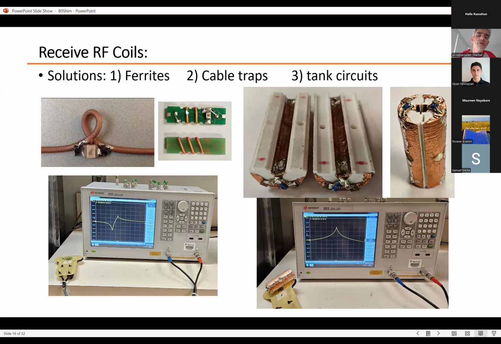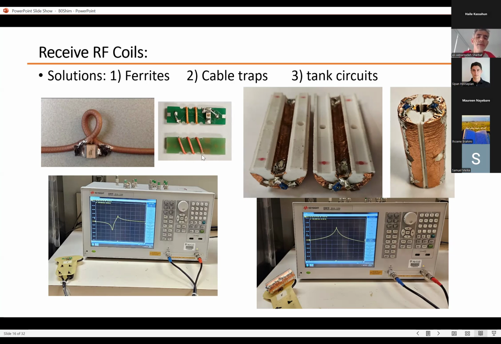It is composed of multiple turns of the coaxial cable with a capacitor soldered between the outer shield of the coaxial cable here and here. So we can solder one side of the coaxial cable to here and the other side to here. So the signal passing through this cable trap, the common mode will be cancelled out.